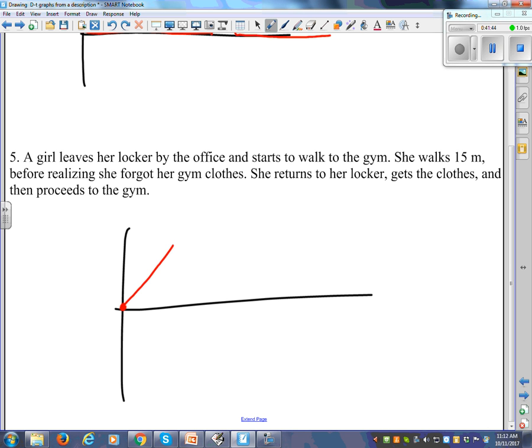So it would be a slight little curve, then back to the locker, probably at a faster pace because now she's late. Then what? Wouldn't there be a pause there? A little. Not a stop though, just a pause. And then really fast back to the gym. And how far up would I go? Higher up. Why higher up? It's got to go past where she originally was. Right. Okay, is that good?